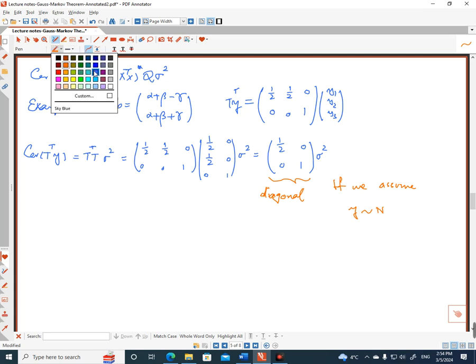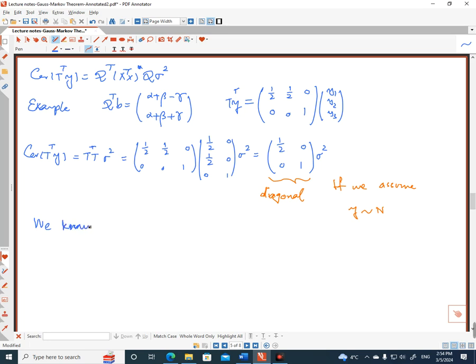But that is for the case that the distribution is normal; if it is not normal, we cannot say anything about independence. But on the other hand, we know that the Q prime B hat is equal to alpha hat plus beta hat minus gamma hat.